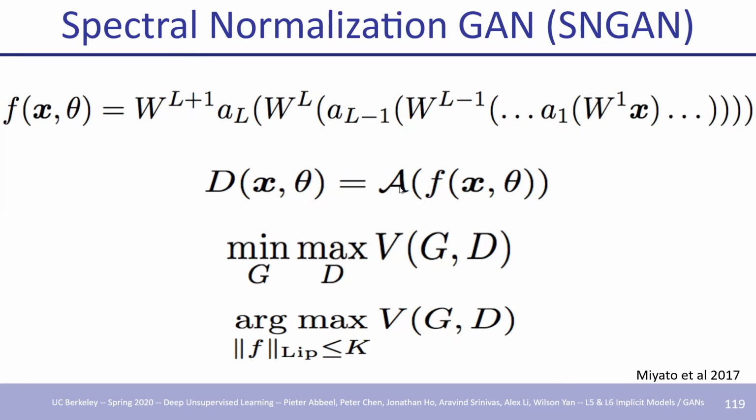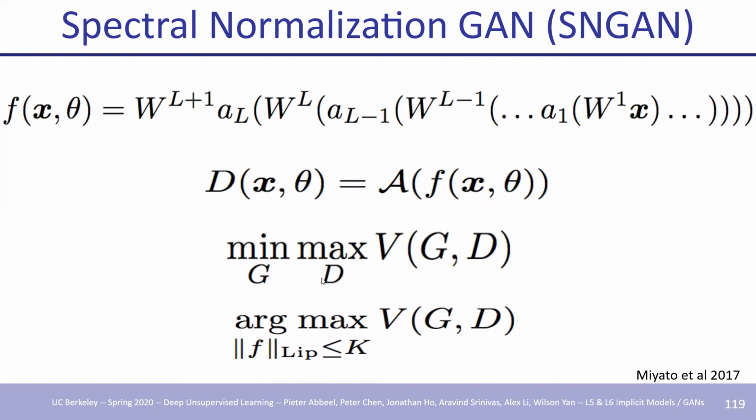I don't know what this A is, but this is the original version of it, where we minimize over G and maximize over D, so that the discriminator can figure out as well as possible, and the generator can fool it as much as possible.